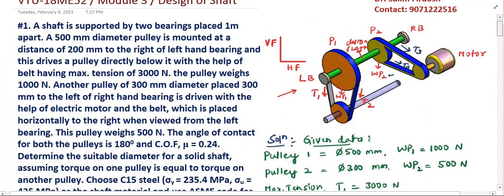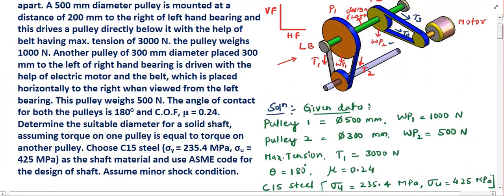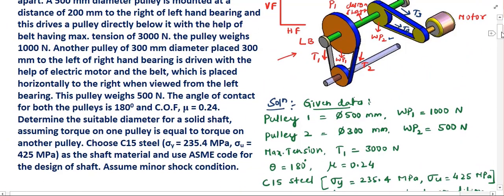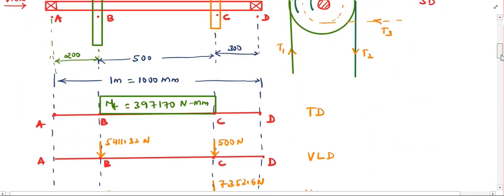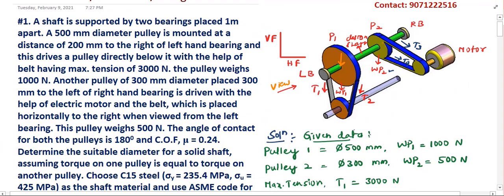It is clearly indicated that the vertical force of 5,411.32 newtons is acting downwards on the shaft. From the left view, those forces will be acting downwards on the shaft like this. Next, at pulley C, we have the weight of the pulley, which is the net vertical force.